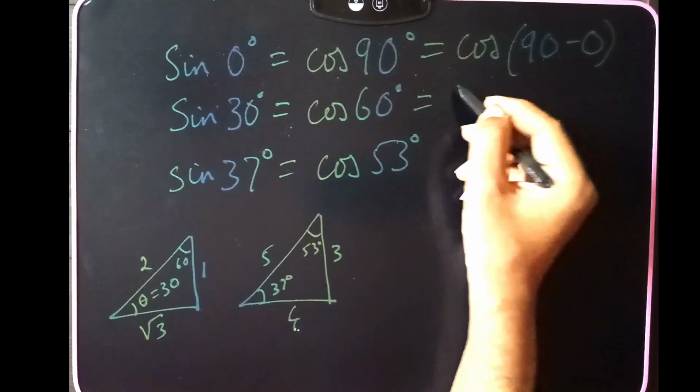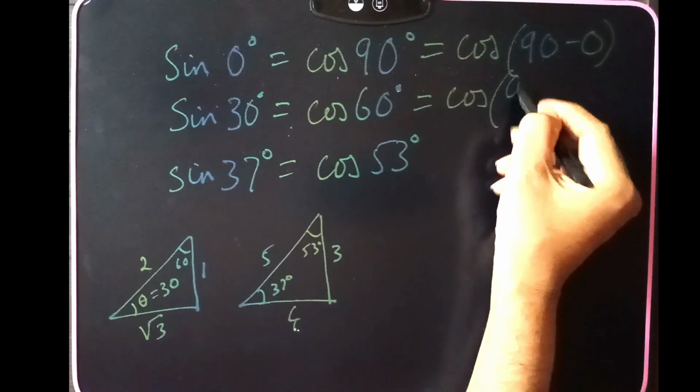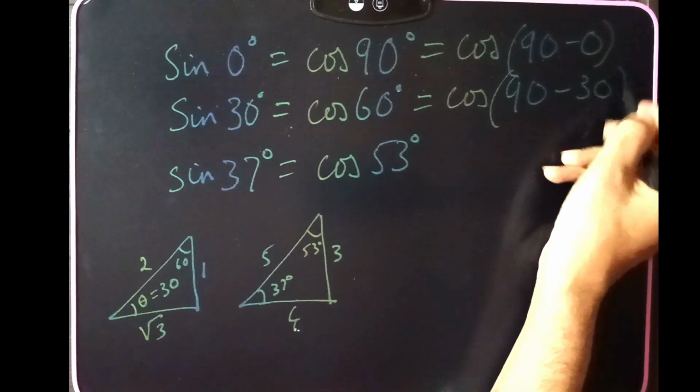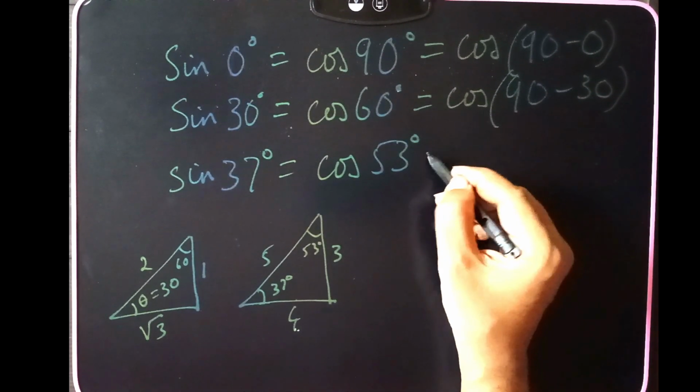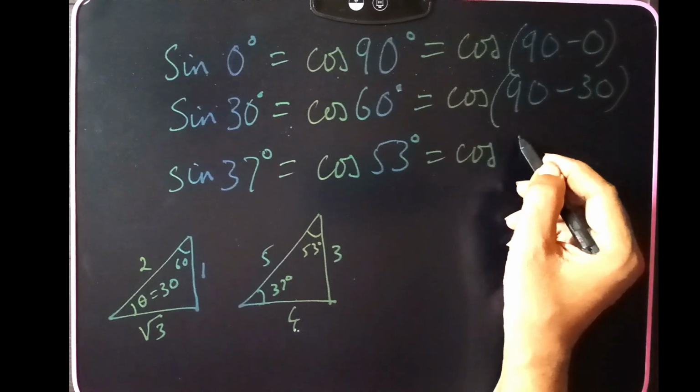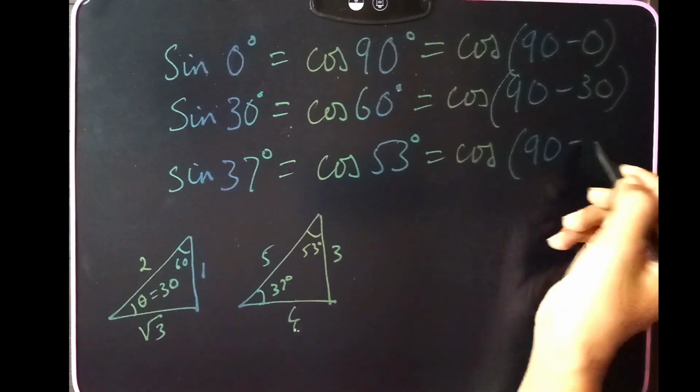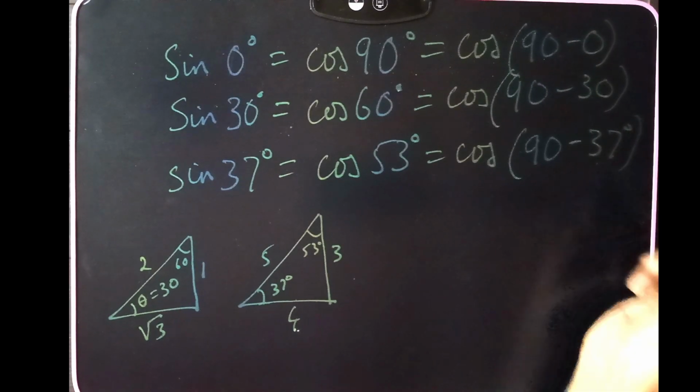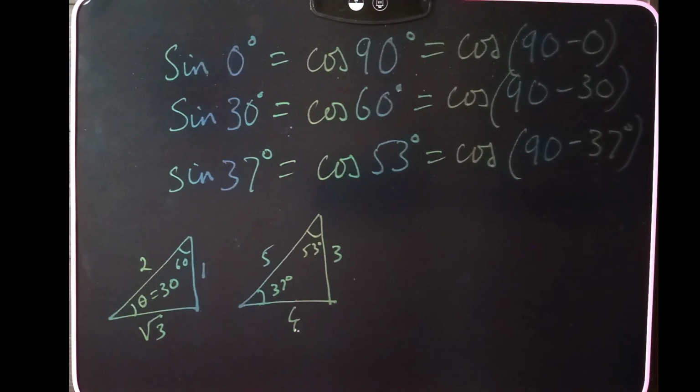We can write this as cos of 90 minus 30. 90 minus 30 is 60. It can be written this as cos of 90 minus 37 degrees. It's very interesting once you get a hang of it. One of the beautiful things, you'll enjoy trigonometry, right?